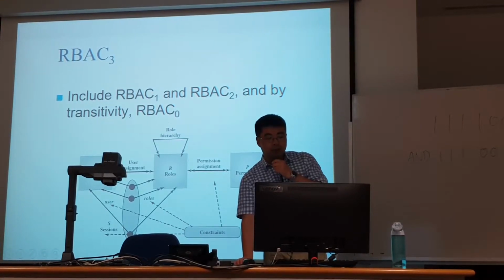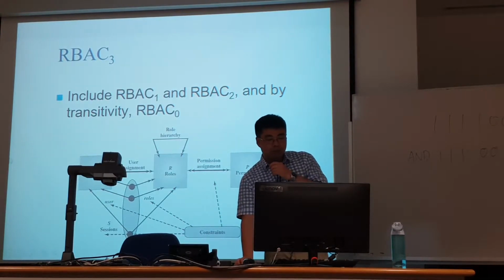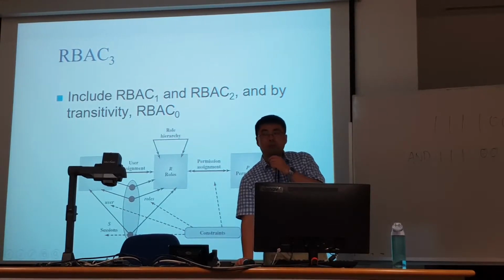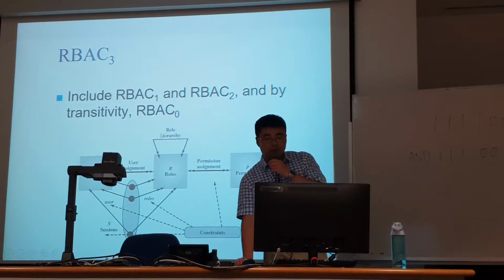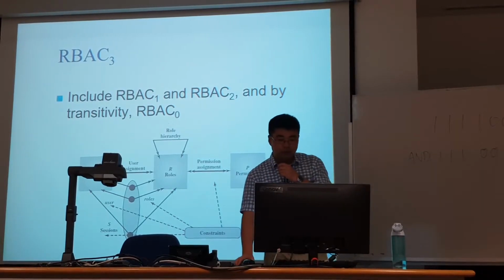If you have one arrow here, that means one. If you have two arrows here, it means many, right? So for example, one user can be assigned multiple roles. One role can be assigned to multiple users. And then you can have the role hierarchy, right? Permission assignment, and so on. So you can also have the constraints. For example, when you assign the roles, you can have the mutually exclusive constraint, or you can have the cardinality constraint, and so on.